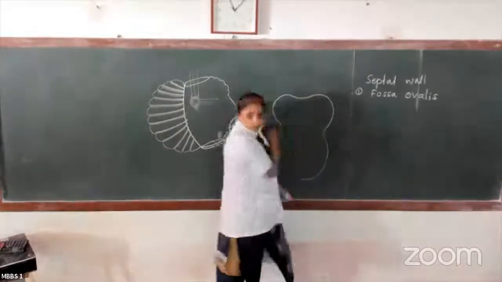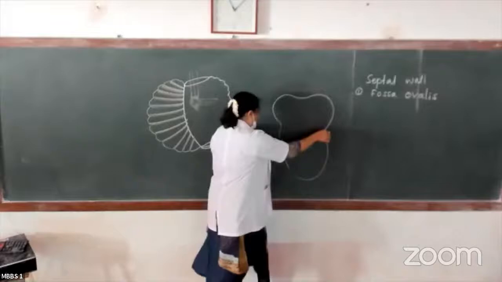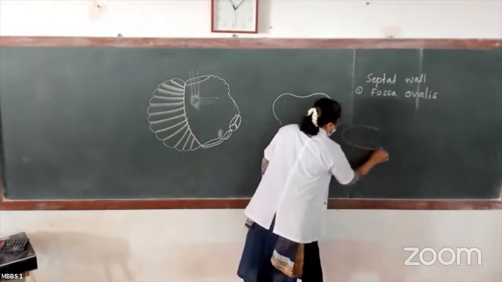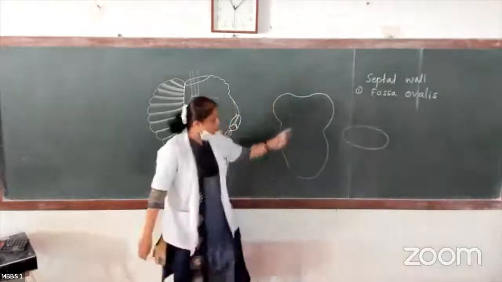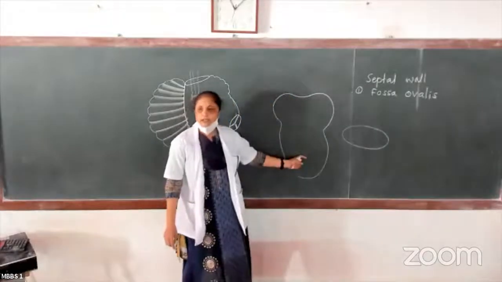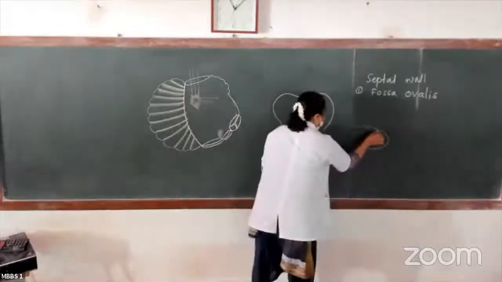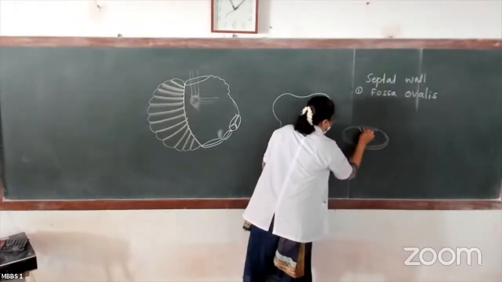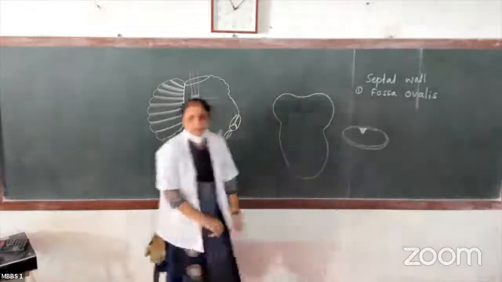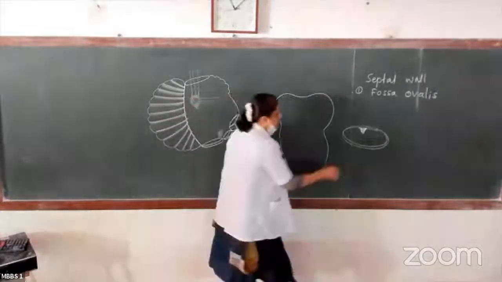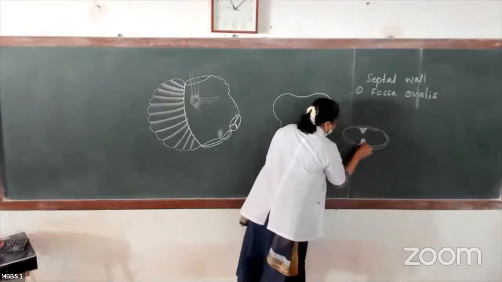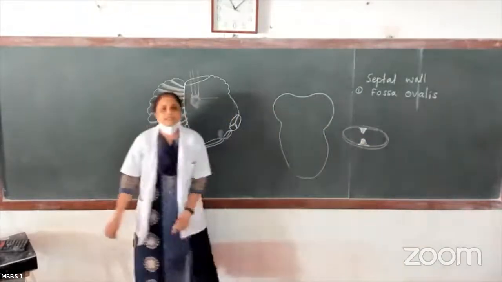Now what happens if you take the cross section here at the atrioventricular junction? You can see an oval opening between the atrium and the ventricle. From the posterior aspect, the endocardium starts going towards the anterior aspect, while from the anterior wall, the endocardium starts going towards the posterior aspect.